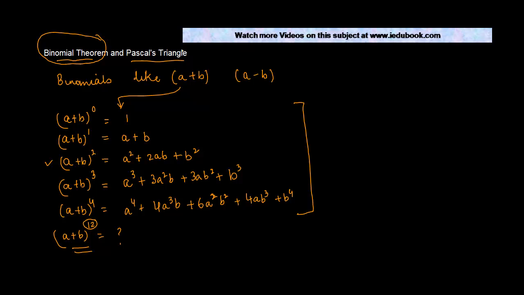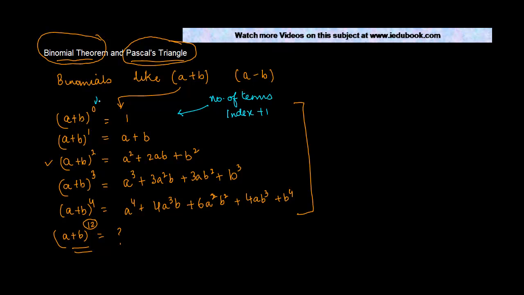Let us see. Before understanding the binomial theorem, let's understand what is a Pascal's triangle. Now, if you notice, what has happened here is that the number of terms in the expansion is one more than the index.